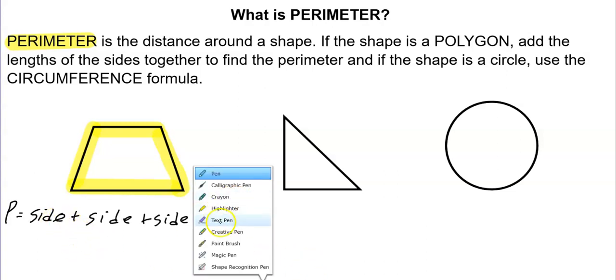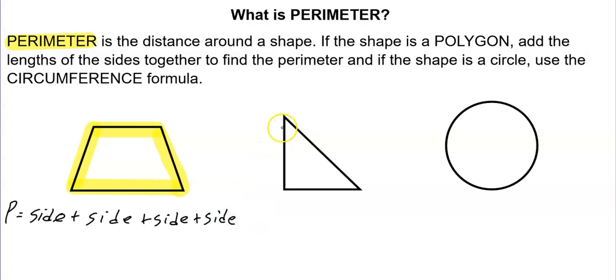When we look at the triangle, it's only 3 sides this time, so perimeter equals side plus side plus side. Add up all 3 sides, you get the perimeter.